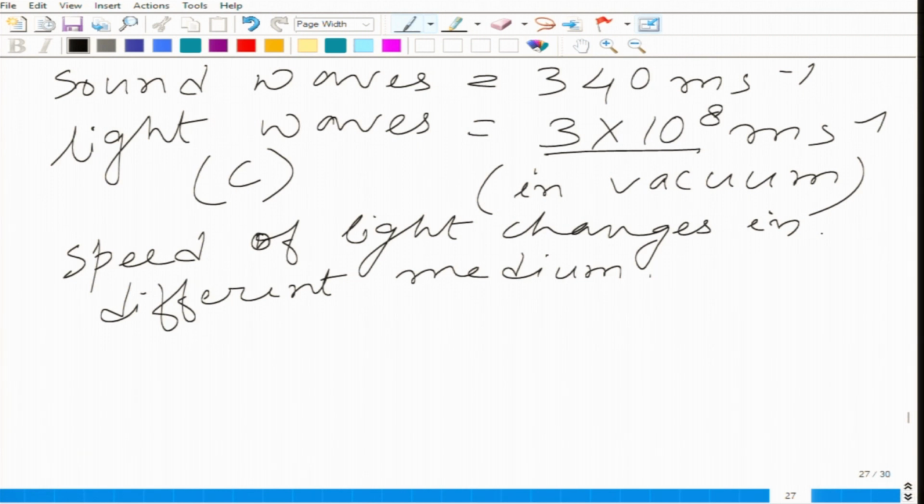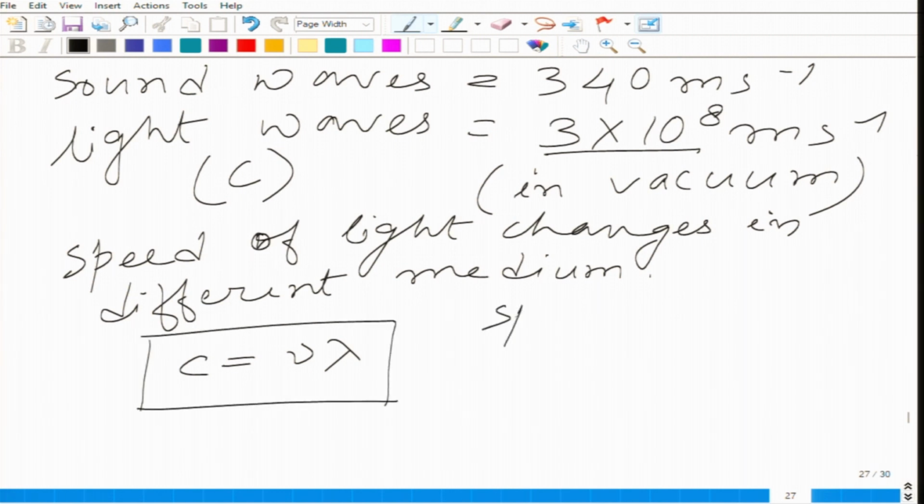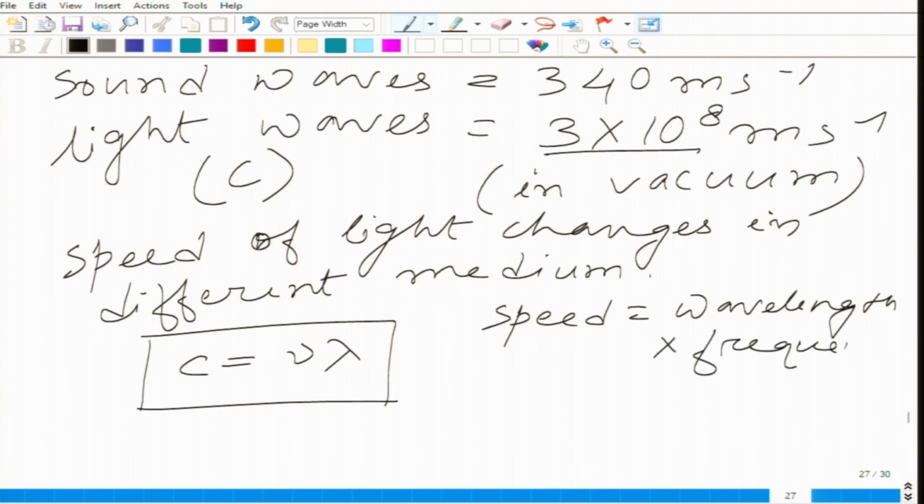So what is the relation between these three parameters, wavelength, frequency and speed? This is expressed as C equal to nu lambda, that is speed equal to wavelength into frequency. See how this is correlating.